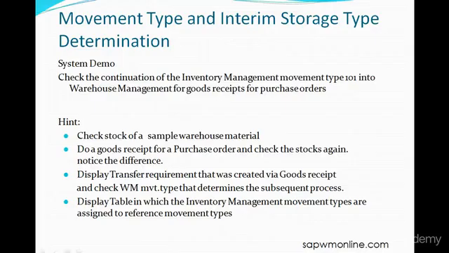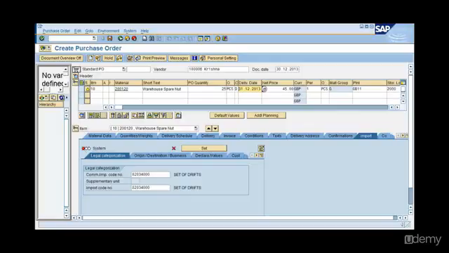We will also display the table in which the inventory management movement types are assigned to the reference movement type. So this is actually a part of customizing, which we will be seeing in the system right now. So let us create a purchase order for material 200120, quantity 25, in a storage location that is WM managed.